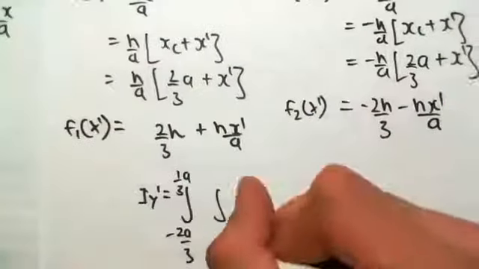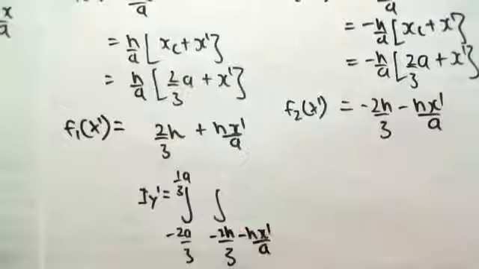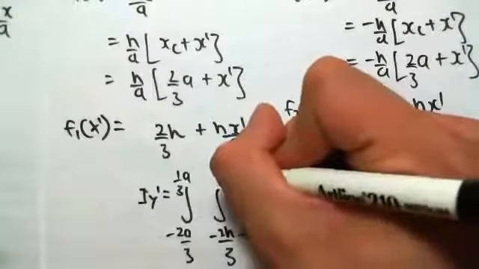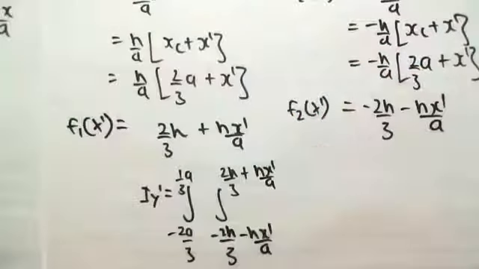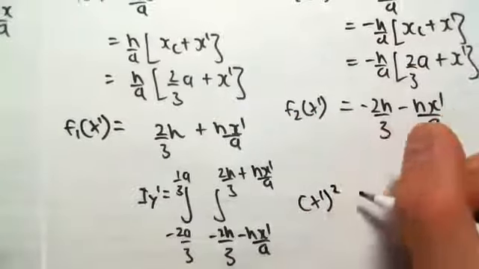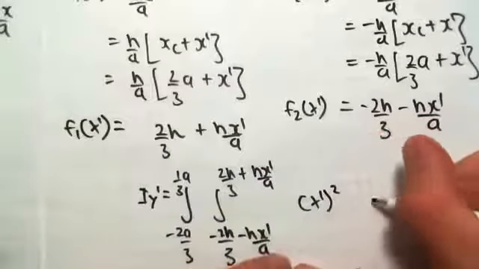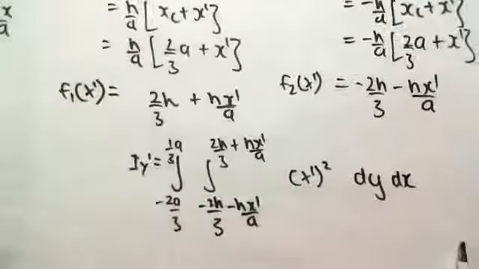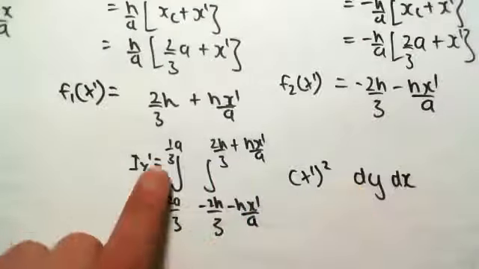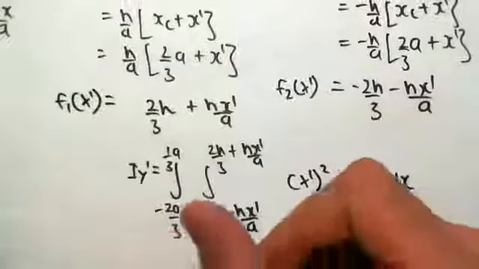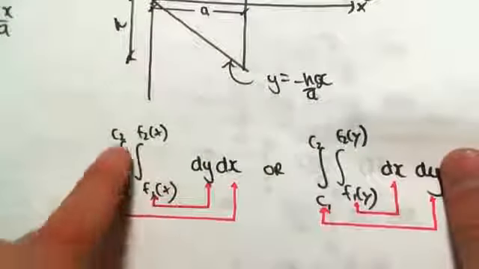So this function here, minus 2h on 3 minus hx dash on A, 2h on 3 plus hx dash on A, x dash squared, and dA, which would be dy dx, just being consistent that although it's in terms of x dash, we're doing it for y, and this x is for the constants there. So that just takes us back to our first video where we've been using this format the entire time.